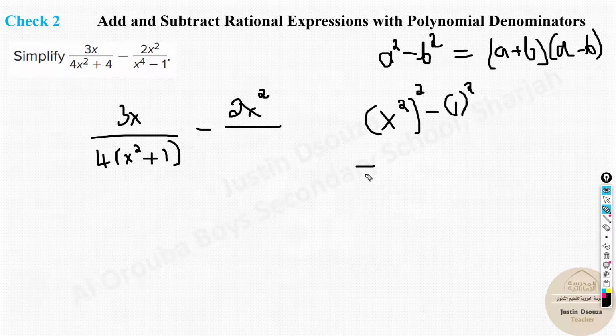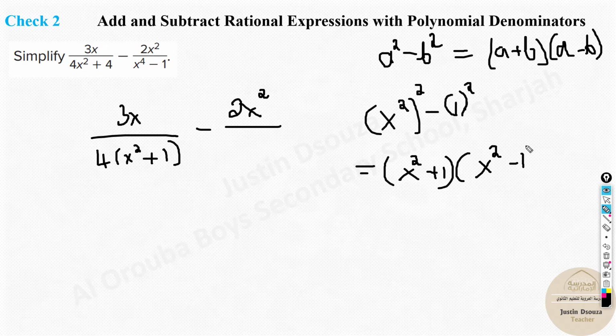So what I can do is, a plus b is x square plus 1, a minus b is x square minus 1. So now, why I did not remove this, I did not do any changes, because see, this will be cancelled, so that's the reason. So this can be simplified.